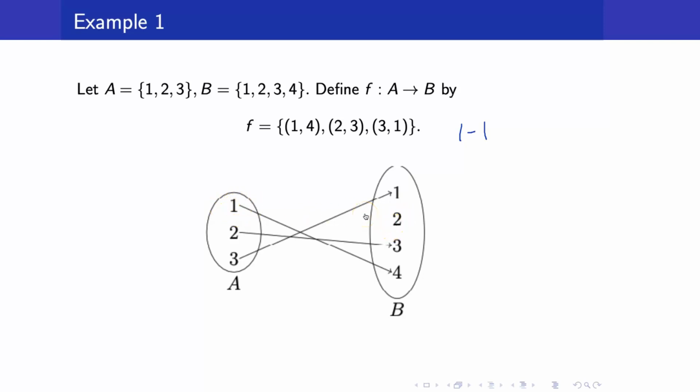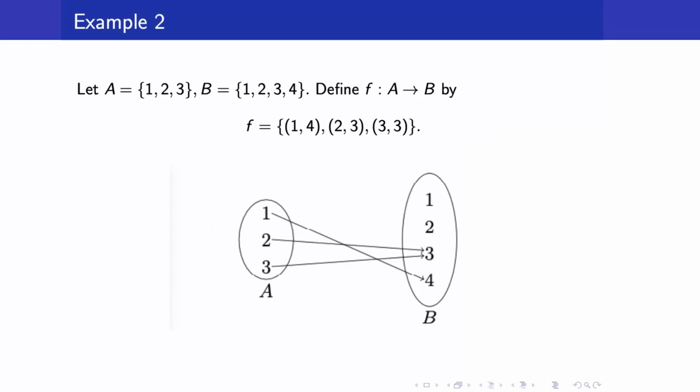So this is still okay. It's possible to get extra elements in B if a function is one-to-one. But of course, the definition of a function says that there are no extra elements in A. Okay, what about this one? Is this one-to-one? Definitely no, because 2 and 3 get mapped to the same element 3.